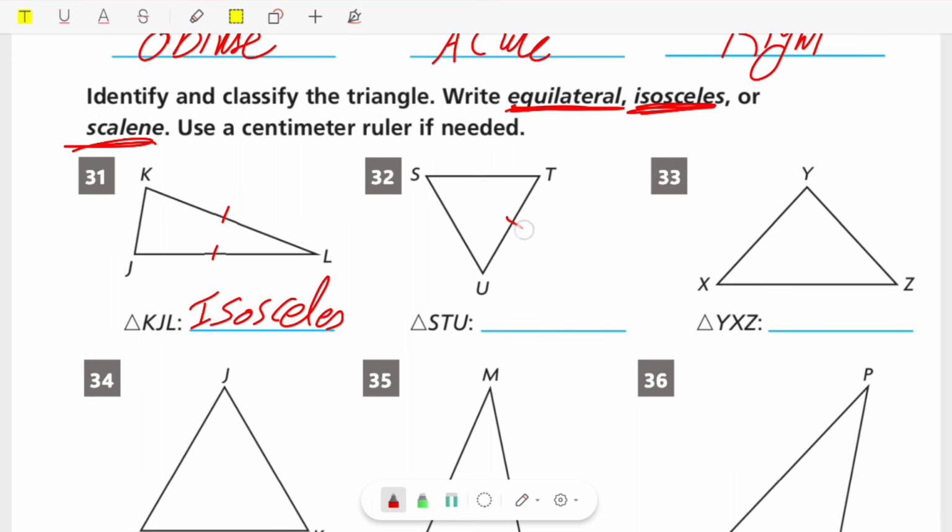And the next one has all sides equal in length, so it's equilateral. As you see here, if all sides are equal, it's called equilateral. And here, two sides are equal, only two sides are equal, so it's called isosceles.